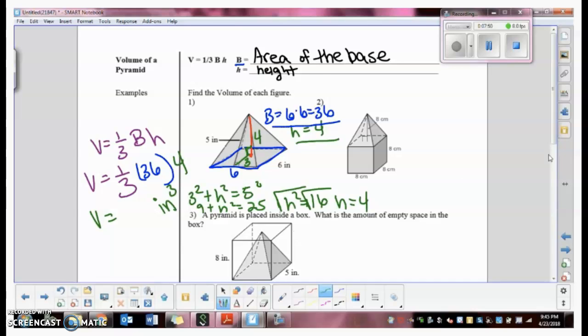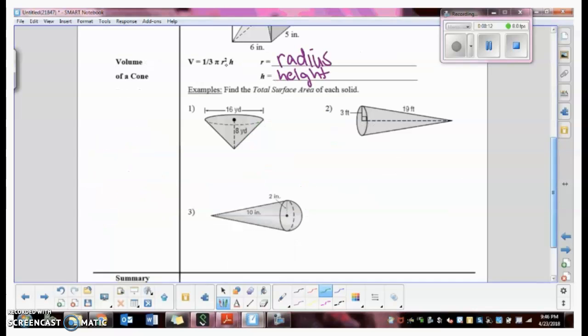I think so. And lastly, we're going to quickly go over the cone. A cone is pretty similar to a pyramid. In this case, we're just doing 1/3 times pi r squared times h. It's just like the last one: 1/3 times the base times the height.